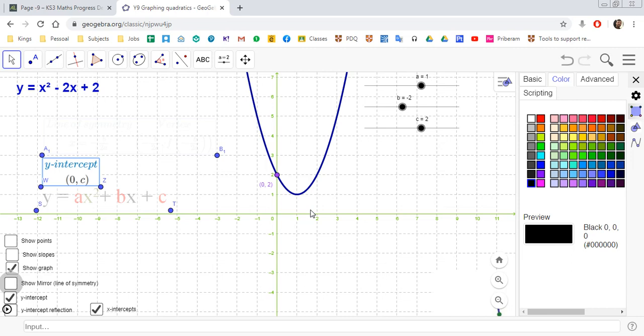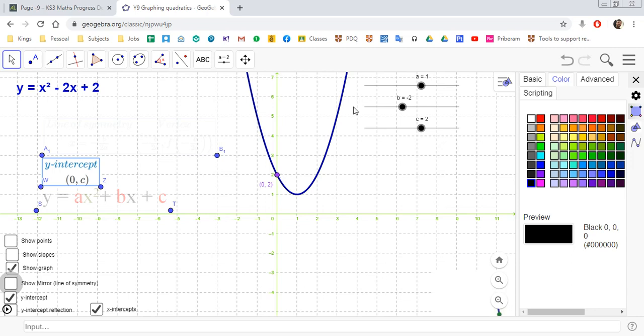Not always are the x-intercepts going to happen, but the y-axis, the vertical one, is always going to be crossed. But the x-axis, as in our example here, is not always crossed.